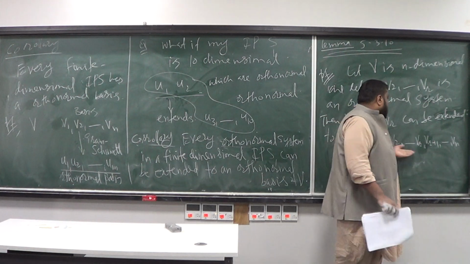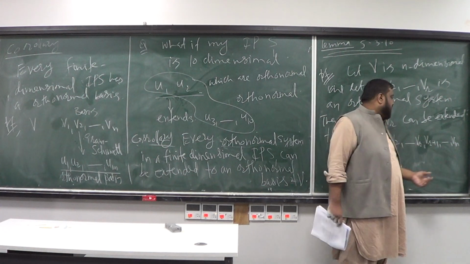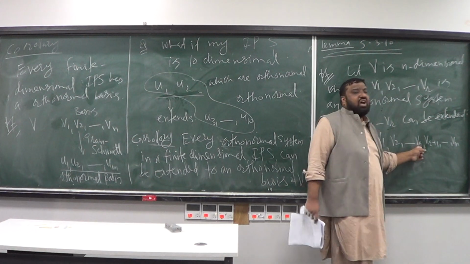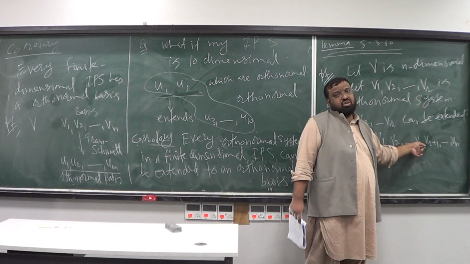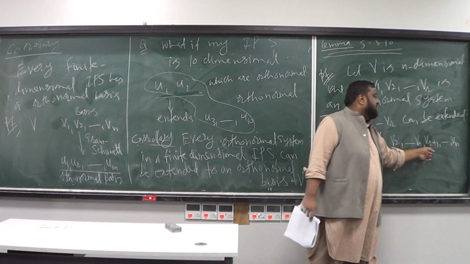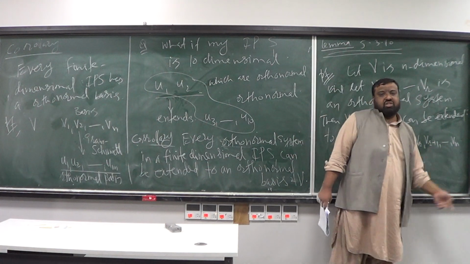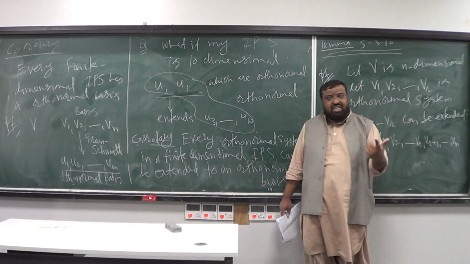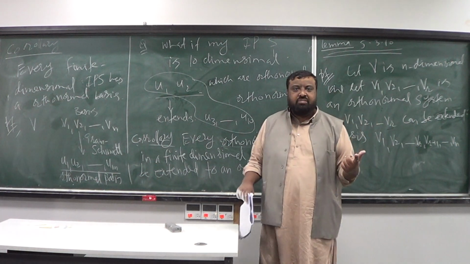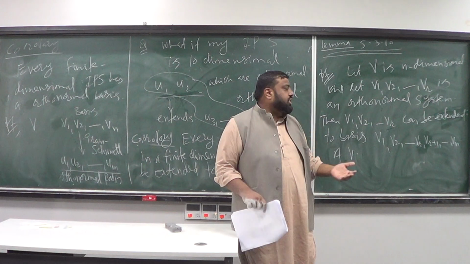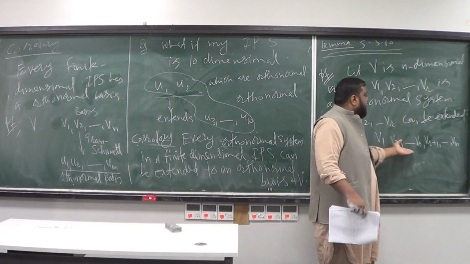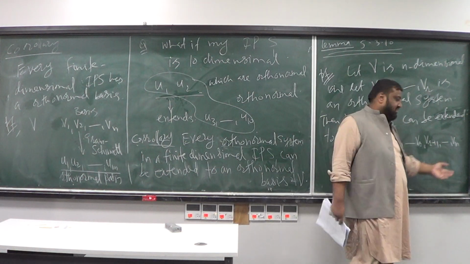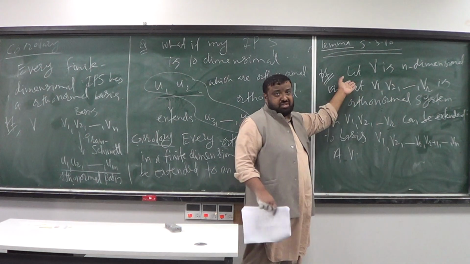I already know that v1 to vr is an orthonormal system, and I added some more vectors to it. If all these n vectors form an orthonormal system, then this is already the orthonormal basis that we want.